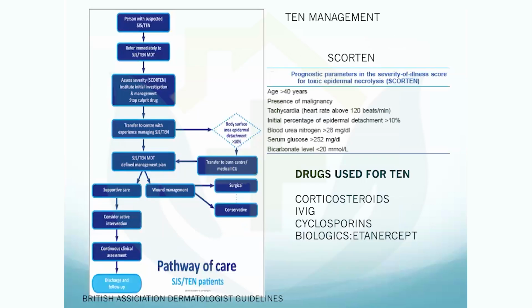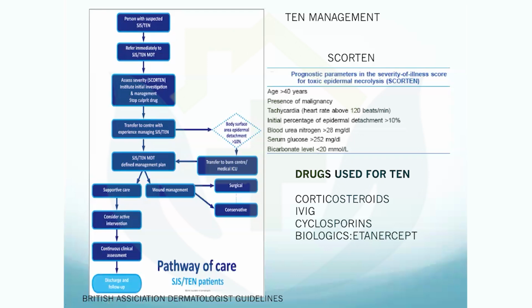So treatment of toxic epidermal necrolysis, this is the pathway of care advised by the British Association of Dermatologists. Whenever the patient comes, you have to look for the prognostic parameters called SCORTEN: age more than 40 years, presence of malignancy, tachycardia, initial epidermal detachment more than 10%, blood urea more than 28, serum glucose more than 252, and bicarbonate level less than 20 are all associated with adverse prognostic factors.